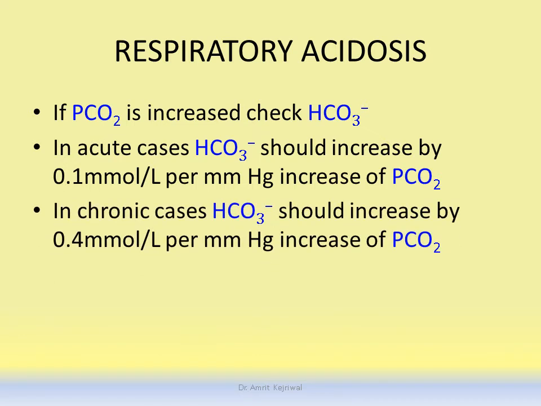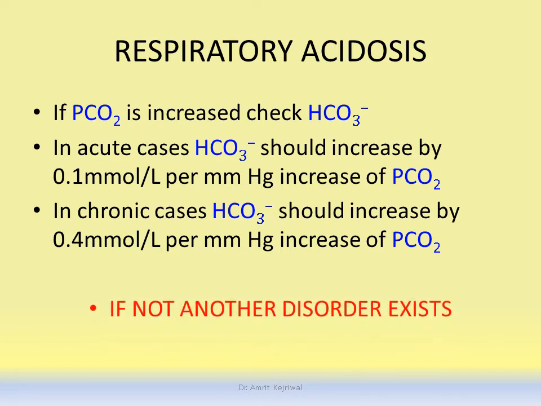And if it's a chronic case, the bicarb should increase by 0.4 per mmHg increase of PCO2. So if the PCO2 increases from 40 to 50 in chronic cases, the bicarb should increase by 4 millimoles. If it is not, then another disorder exists.